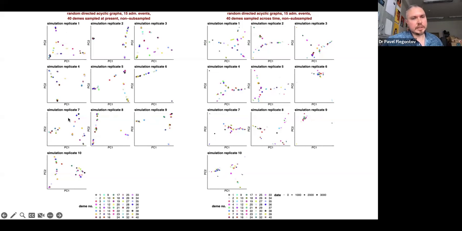We show results for 10 random graphs on the left and 10 random graphs on the right. Again, sampled either at present on the left or at various time points on the right. And again, we see that the pattern is usually more complex, but all these shapes in two dimensions are embedded in triangles.